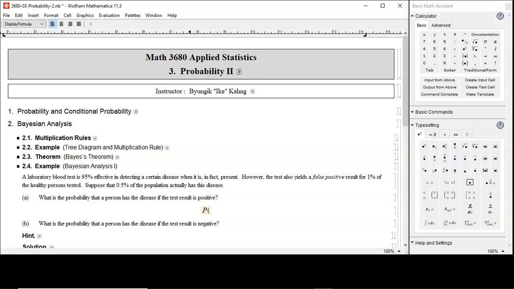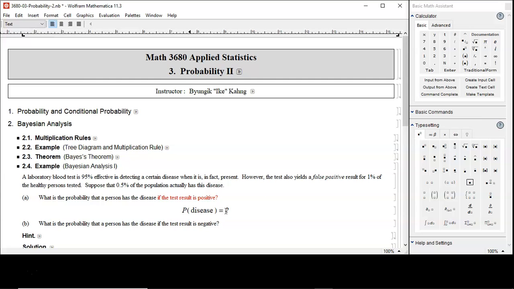So in part A, basically you're looking for the probability that this person has the disease, but it's not going to be a straight up probability. I hope everybody can clearly see that because we have this if clause. If something, that part is the condition.